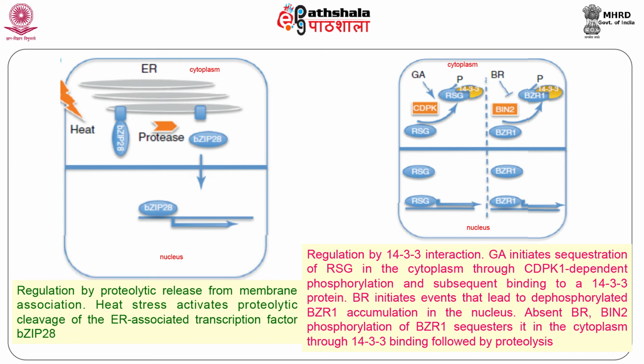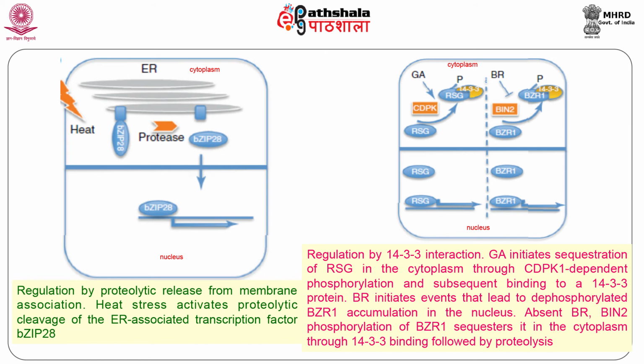In absence of gibberellic acid, RSG distributes equally between cytoplasm and nucleus. When gibberellic acid is applied, RSG is rapidly partitioned in cytoplasm through phosphorylation and subsequent binding to a 14-3-3 protein. This response results in gibberellic acid mediated down regulation of its own biosynthesis.